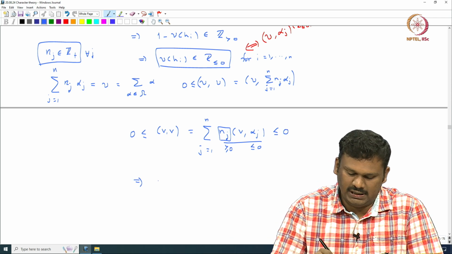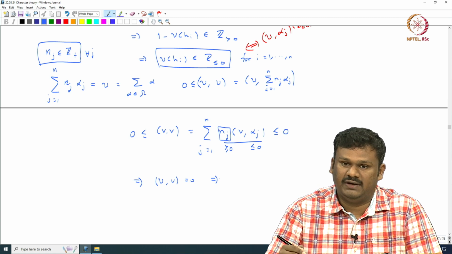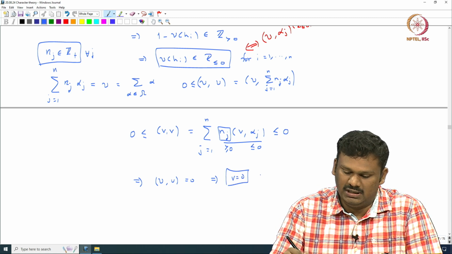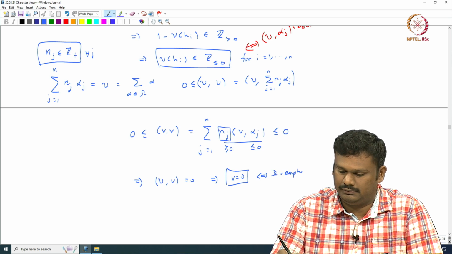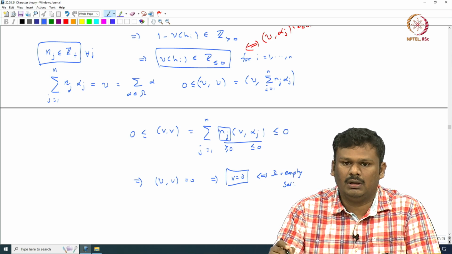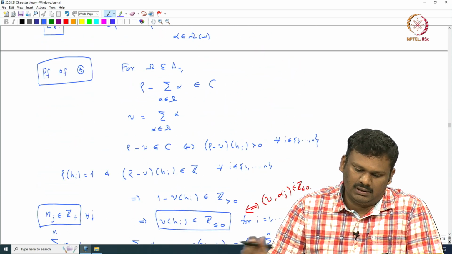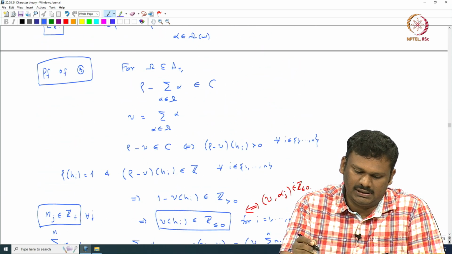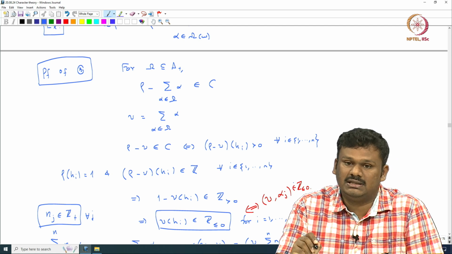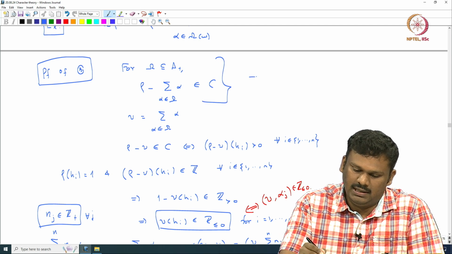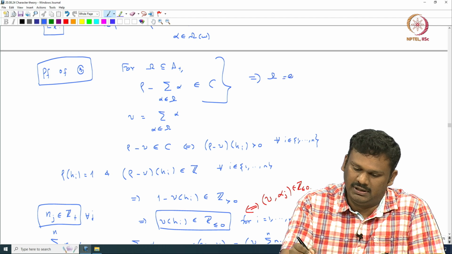So this forces V with V to be 0, but we have the positive definite form, so that forces V to be 0, and V is 0 if and only if omega is the empty set. So this proves that whenever omega is in delta plus, for which rho minus summation alpha, alpha in omega, is in the Weyl chamber, it implies omega is the empty set.